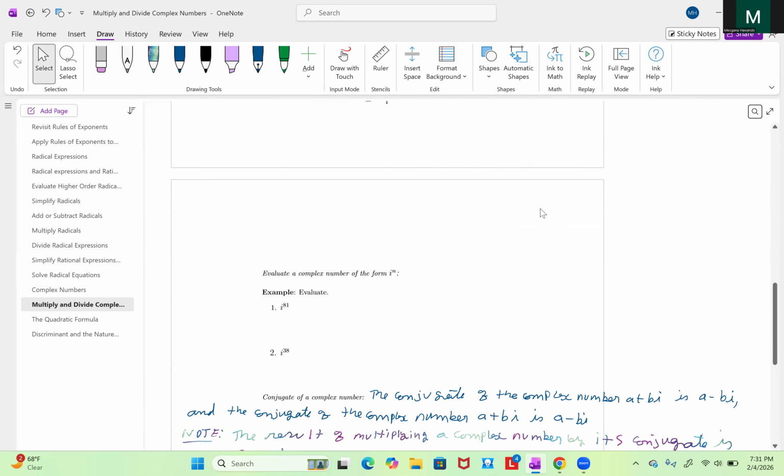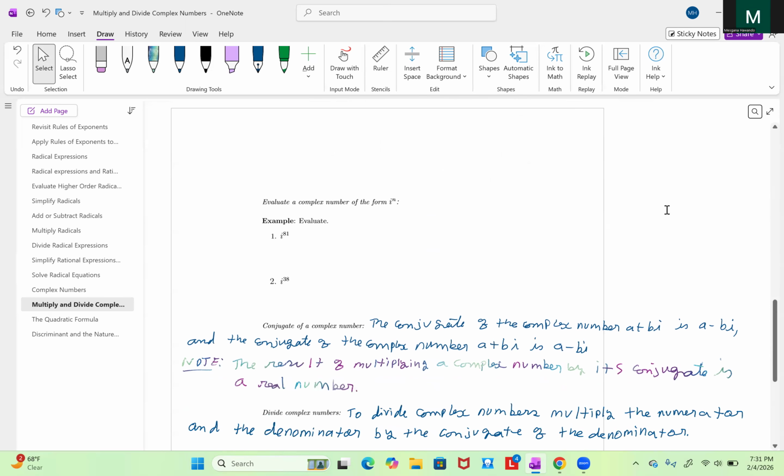Evaluate a complex number of the form i to the power of n. Example, evaluate i to the power of 81. We said i is equal to the square root of negative 1, and i squared is equal to negative 1.